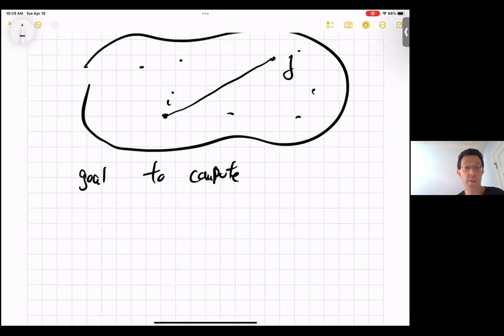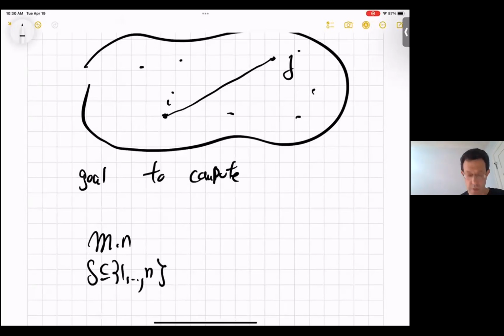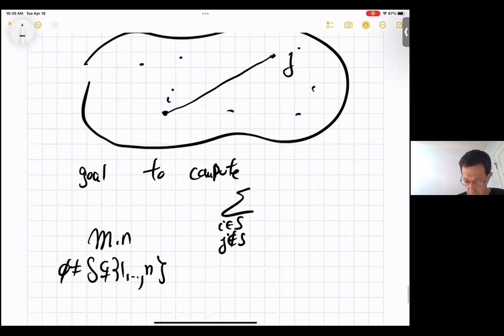It is a general discrete isoperimetric problem. What you do is you look at the minimum over all the subsets of the universe, proper subsets, so not empty and not everything. And you look at the sum over i in S, j not in S, of C_ij.